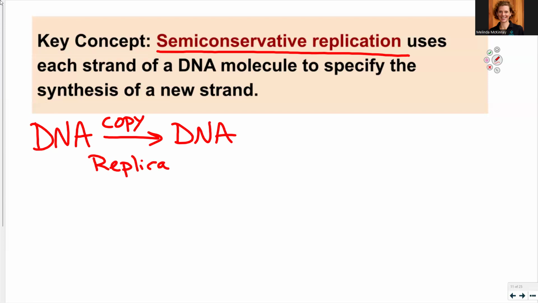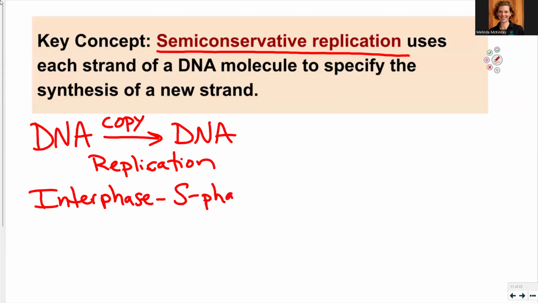And if you remember, in a eukaryotic organism, replication occurs in interphase, in S phase, where DNA is synthesized. If we were to look at the chromosome, it starts off as a linear chromosome in a eukaryotic organism.